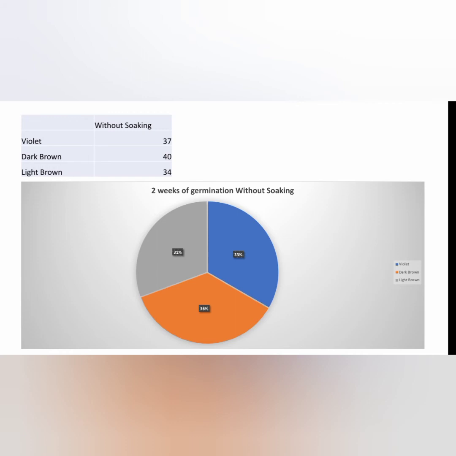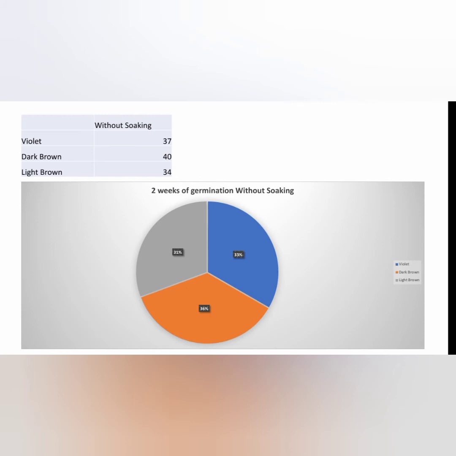As you see, we have 40 seeds under treatment 1, treatment 2 has 40, and treatment 3 also has 40. Only 37 out of 40 germinated for the violet, and the dark brown has 40.